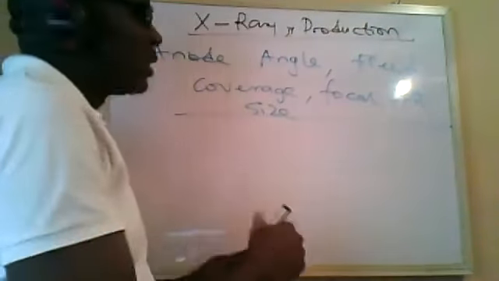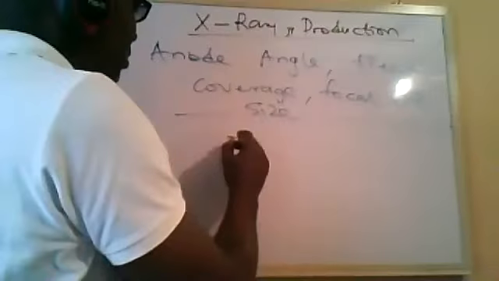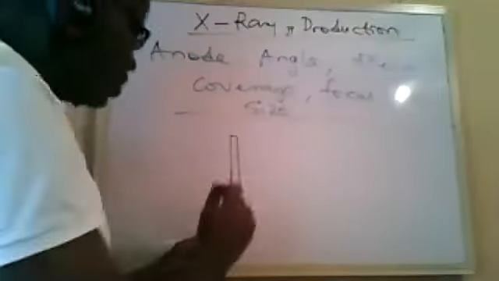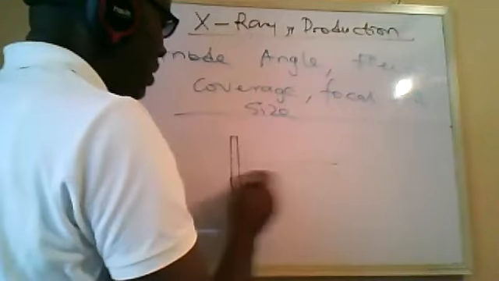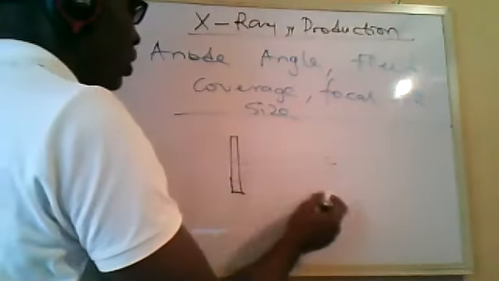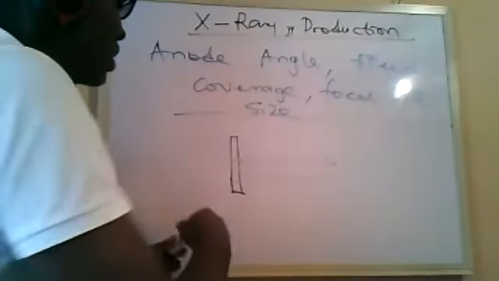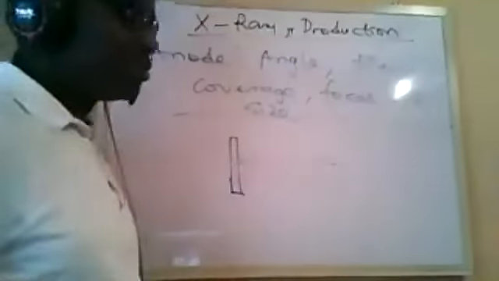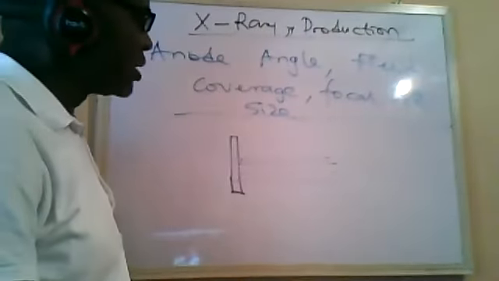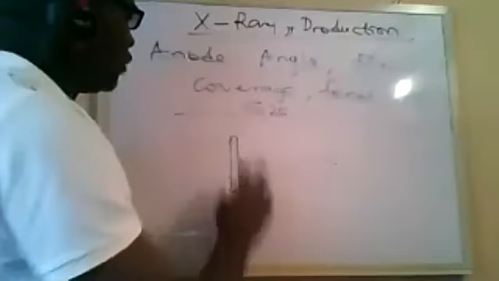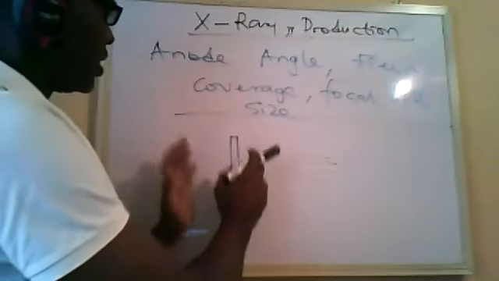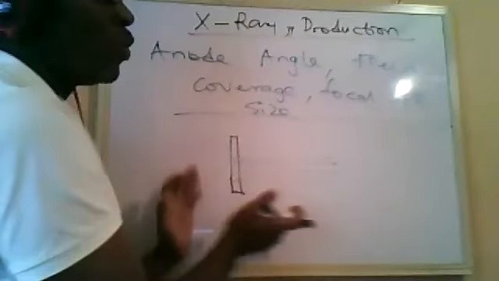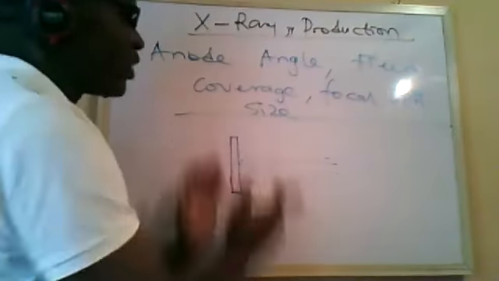We could have an anode this way, so that electrons will just hit it and then, of course, be scattered in so many directions. But if you do this, we are going to have an issue with the dissipation of heat.